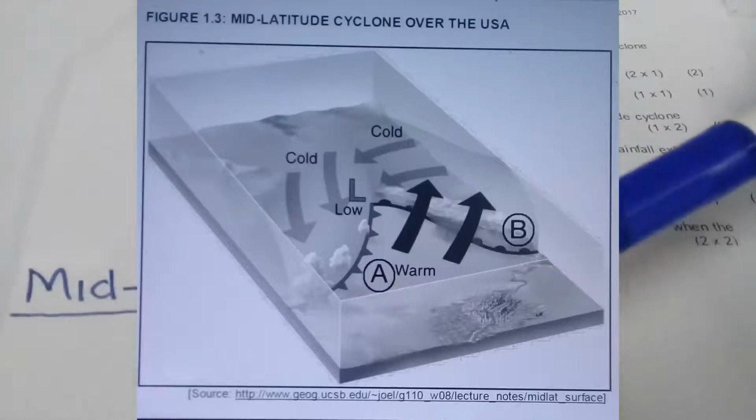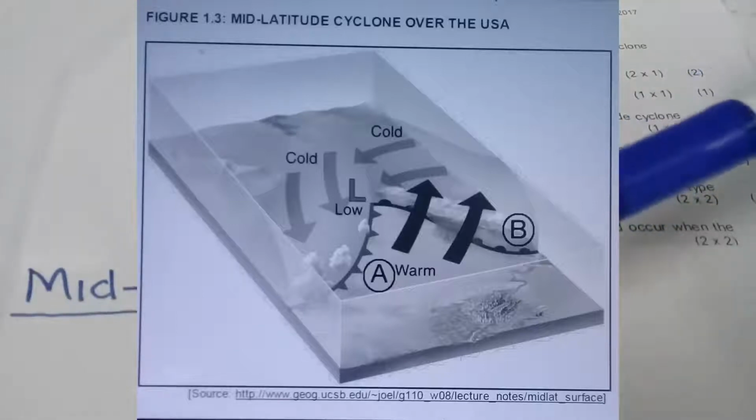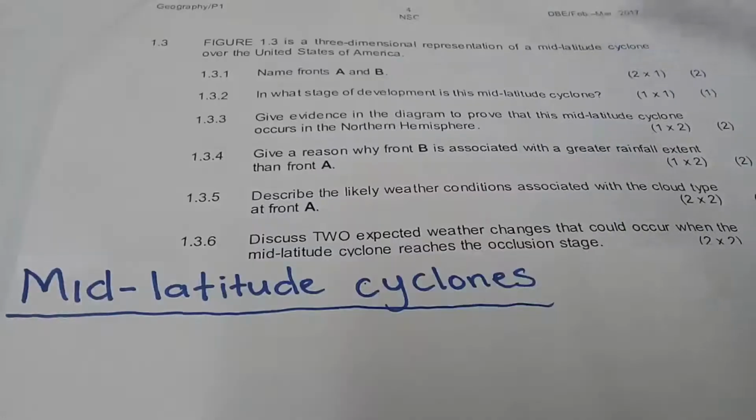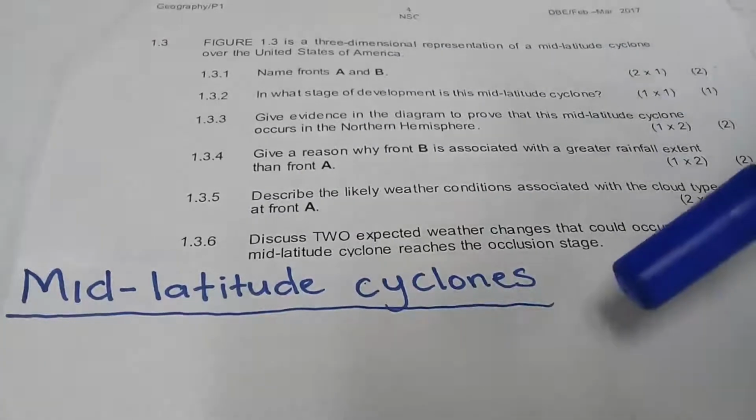So let's go straight into the questions, guys. Question 1.3 says figure 1.3 is a three-dimensional representation of a mid-latitude cyclone over the United States of America. So this is the 2017 question paper, February and March.